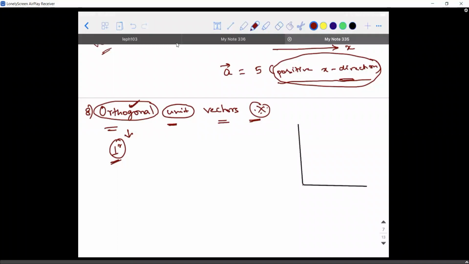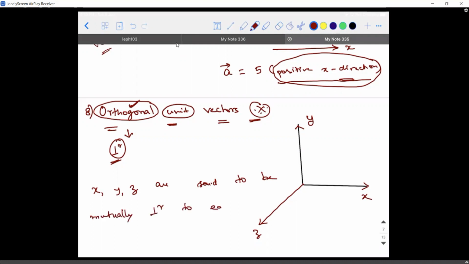The best example is the x-axis, y-axis and z-axis. We know that the x and y axes are perpendicular to each other, and the z-axis is also perpendicular to the other two. So x, y and z are mutually perpendicular to each other.